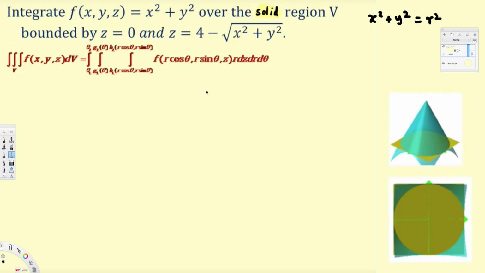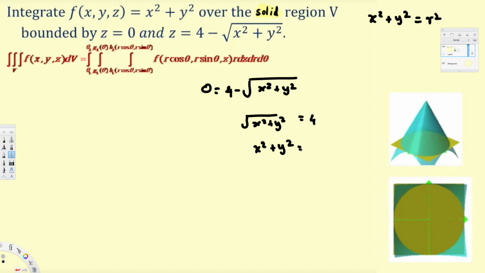So the base is 0, let's equate this one to 0. 0 is equal to 4 minus the square root of x squared plus y squared, and if we rearrange this equation, it becomes the square root of x squared plus y squared is equal to 4, and if we square both sides, this turns into x squared plus y squared is equal to 16. From this we can see this is a circle with radius 4. So this circle is going to be 4, and here we're going to have negative 4.